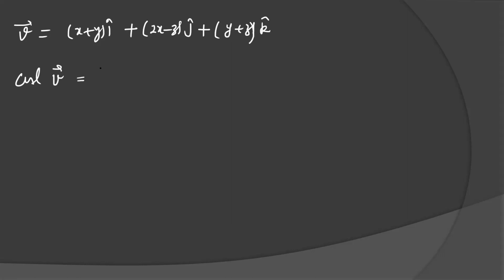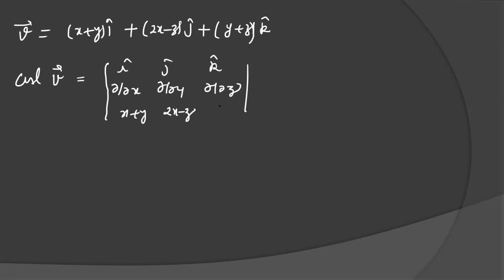Curl of v will be equal to the determinant with i j k, del over del x, del over del y, del over del z, and x plus y, 2x minus z, y plus z. If you evaluate it, you will get 2i plus k cap. Okay?